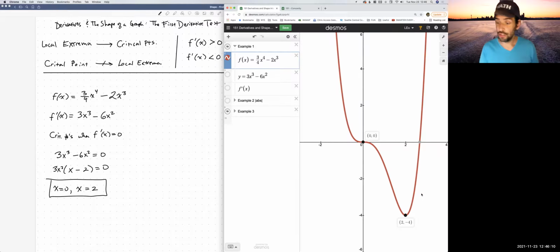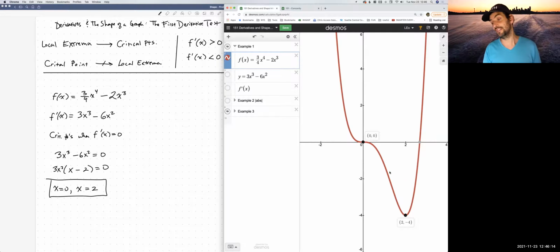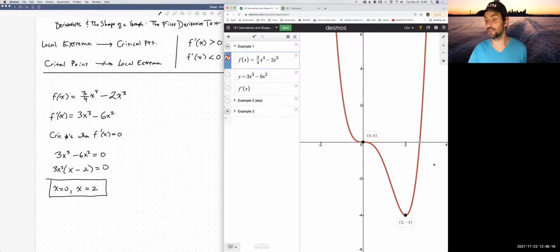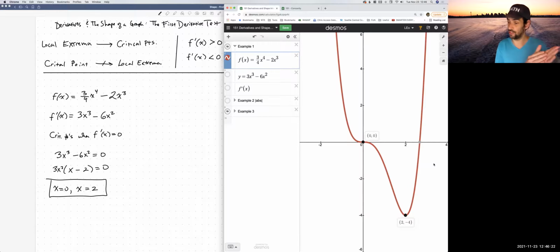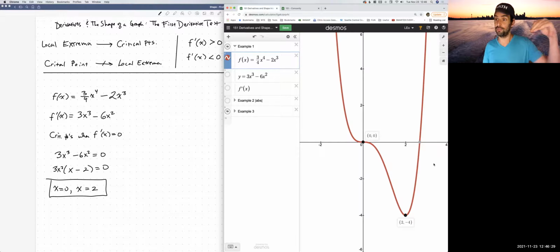Meanwhile, at x equals 2, we see that the function is decreasing towards 2 as we approach from the left, and then increasing as it goes away from 2 on the right. So to the left, all the function values are greater than the output -4, because they're decreasing to it. So they're all above, going down towards it. And then once we leave that point, they're increasing, so they're all above.